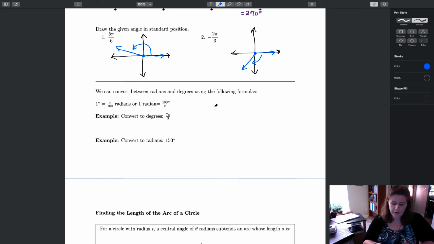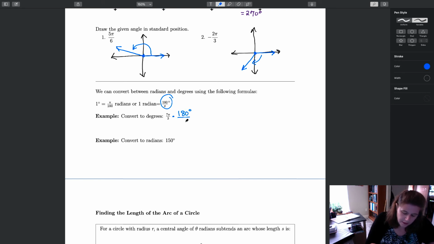So if I need to convert something back and forth, I just pick one of these ratios and multiply by it. So if I want to convert to degrees, then what I want is the fraction that has degrees on the top. I have radians already, so I want to convert it to degrees. So multiplying this by 180 degrees over pi, we do a little bit of simplification of arithmetic, so our pi's would cancel.